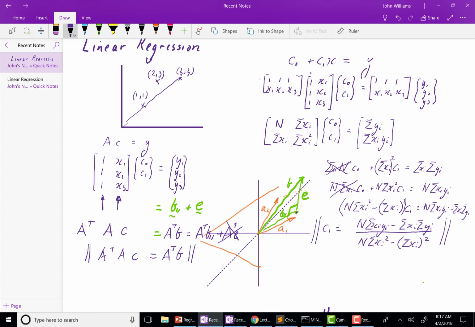And I can then substitute back into this equation to get C0, and C0 would be equal to sigma yi minus, wait a minute, this was sigma xi yi.